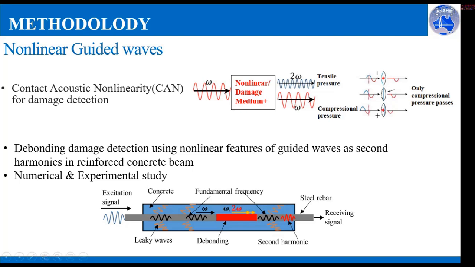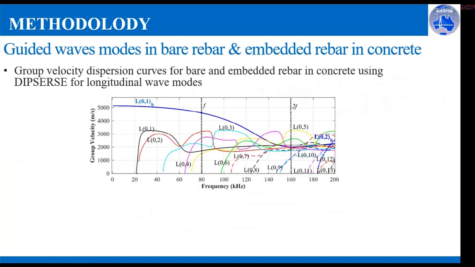These second harmonics will travel into the embedded rebar, and can be received at the other end of the rebar, and can give us an indication of the presence of damage.